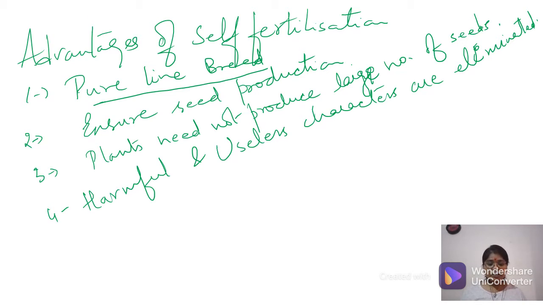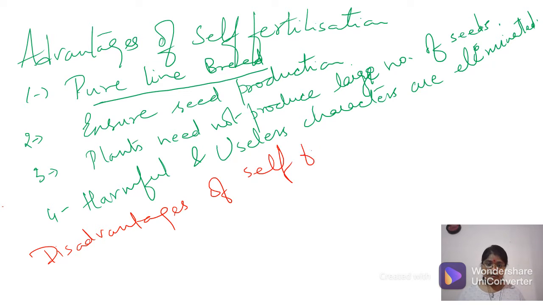And let's look at the disadvantages of self-fertilization. First, very quickly, you can say that it doesn't lead to variation.